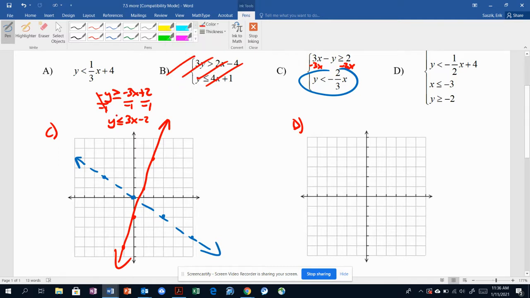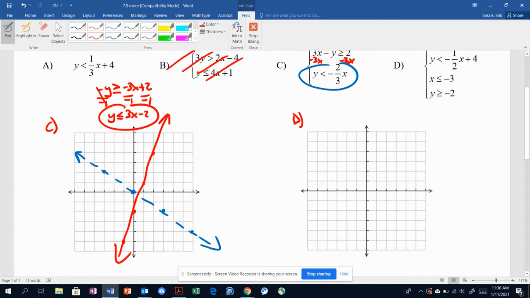Now we have to do the shading. All right. So look at this here. We have to be below the red one, but we also have to be below the blue one. So we have to be below both of them. So what zone are we below both of them? Like here, in this zone, we have 4 zones to look at. Here, here, here, and here.